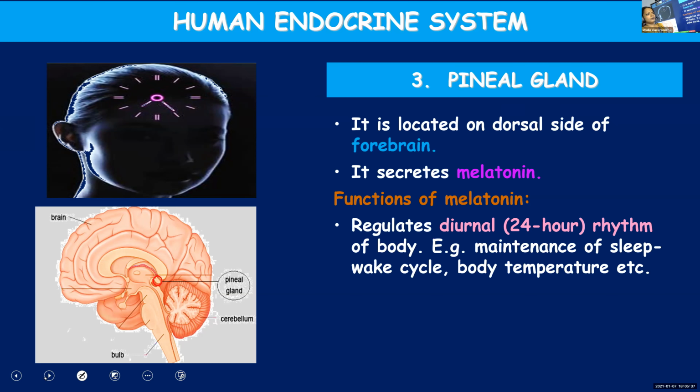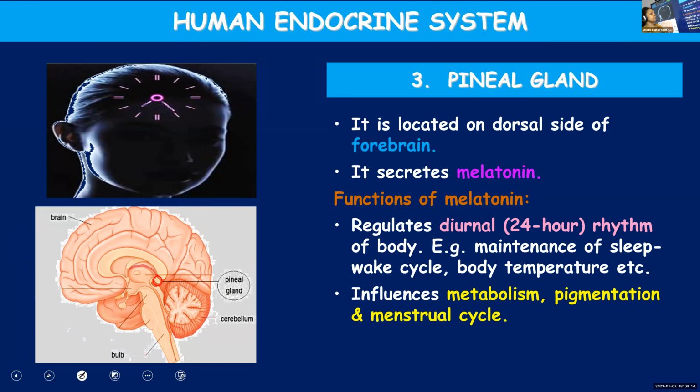And regularly, at the time you used to go to sleep, you will start yawning. You don't have to see the watch, but your body starts reacting. So this hormone will regulate the 24-hour rhythm of the body, maintaining body temperature and the sleep-wake cycle. All that is regulated by melatonin. It influences metabolism, pigmentation, and menstrual cycle.